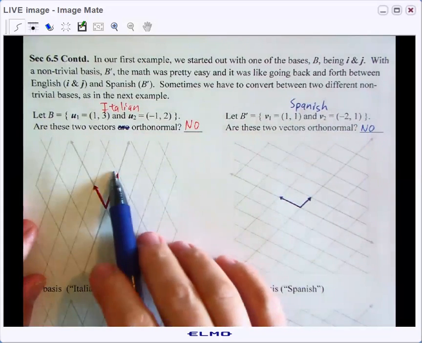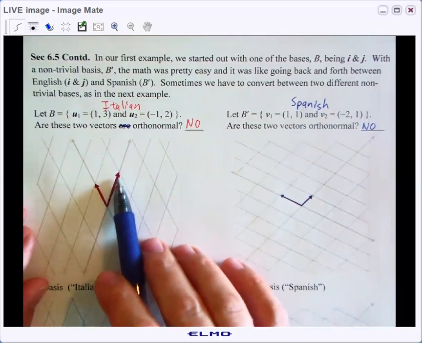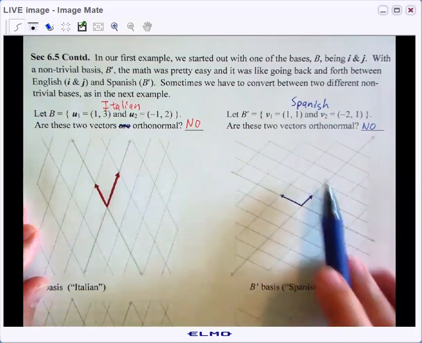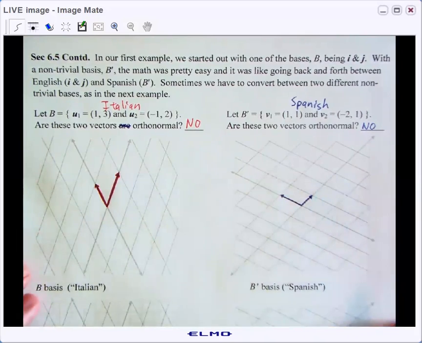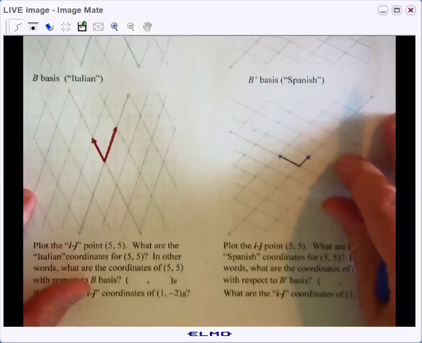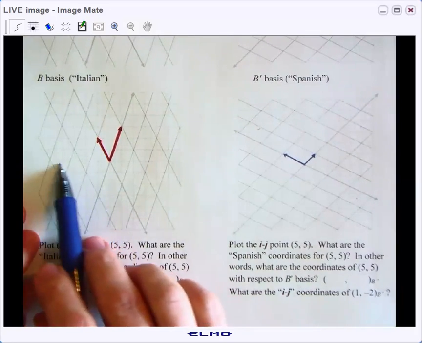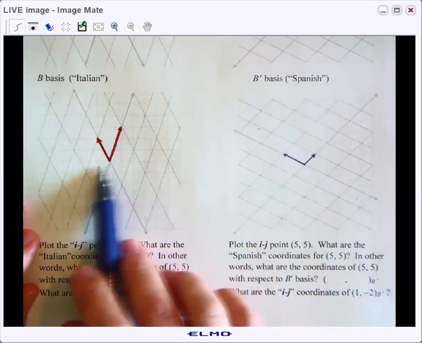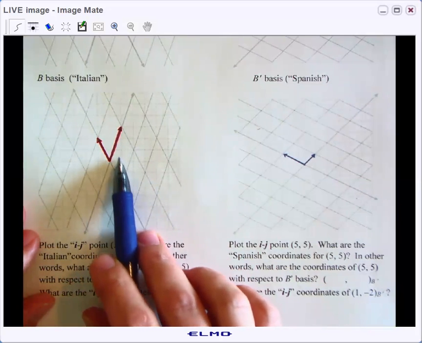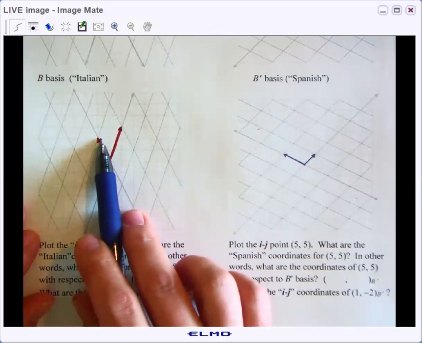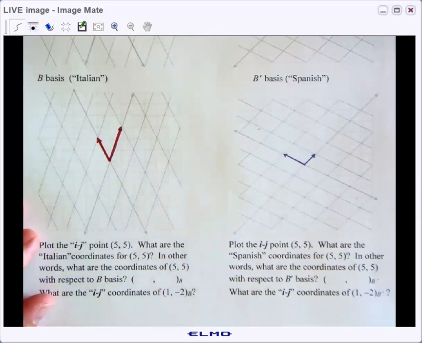If we take a look at the systems that they set up, they're both non-square systems, for the Italian and for the Spanish. I'm going to help us see this a little better by superimposing the i, j grid, so we can see the vectors 1, 3 and -1, 2 and how those are created.